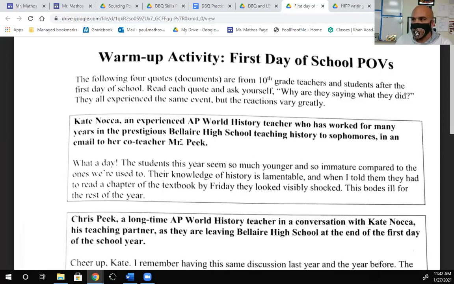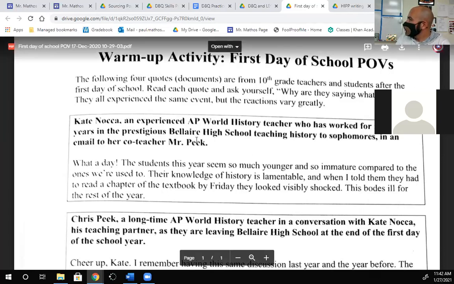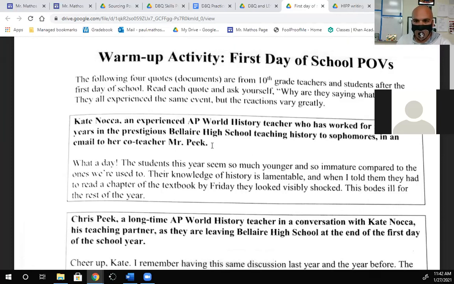What he is saying is what is in the document. I'm asking you, why are they saying what they did? Rakaya, it's right there on the document. Why is Kate Naka saying this? In an email, again, it says it right there, in an email to her co-teacher, Mr. Peak. Yeah, why are they saying what they did?